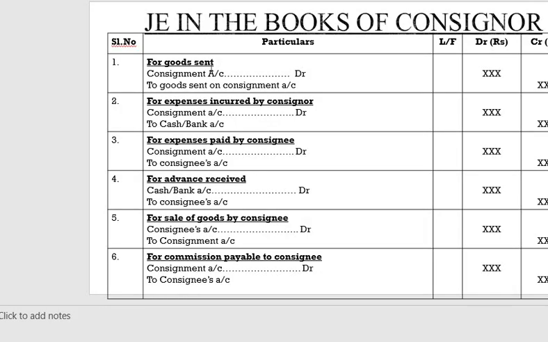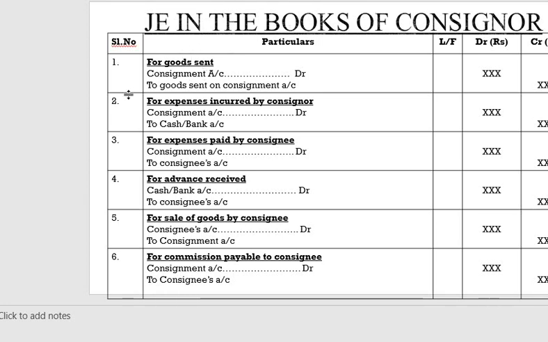For goods sent, we first look into the journal entries in the books of the consignor, because we have first prepared the ledger of the consignor. So let's look into the journal entries in the books of the consignor. What is the journal entry for goods sent?